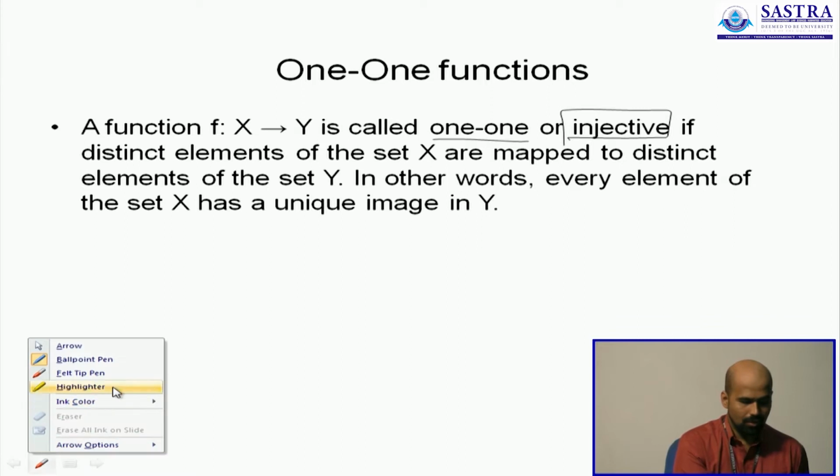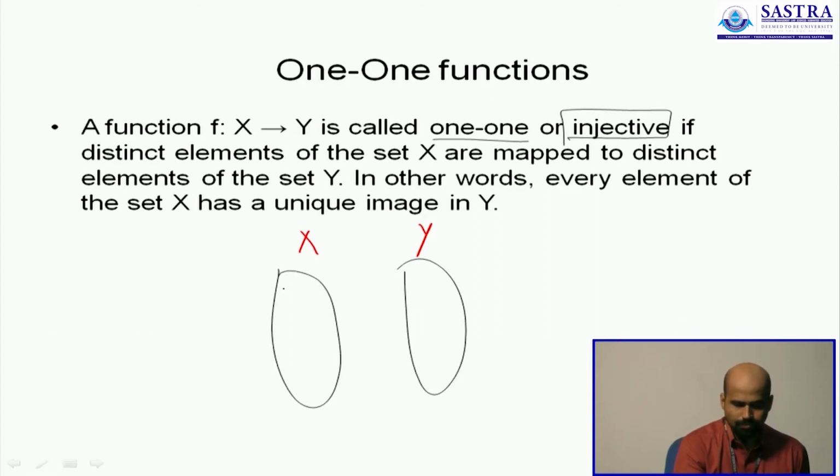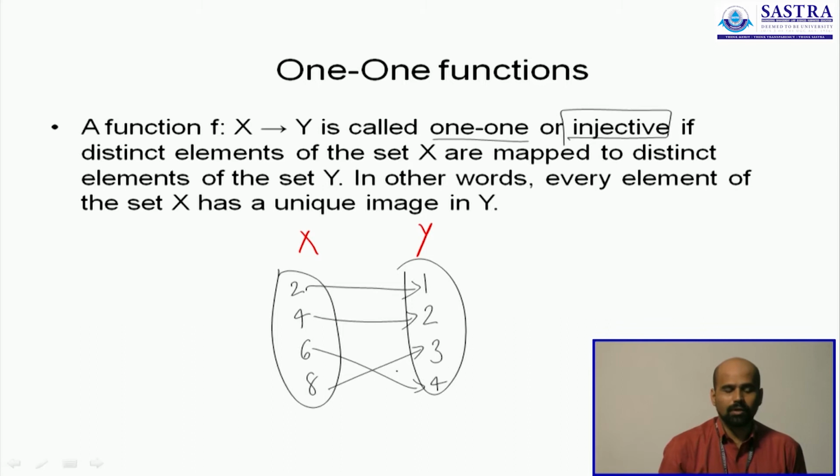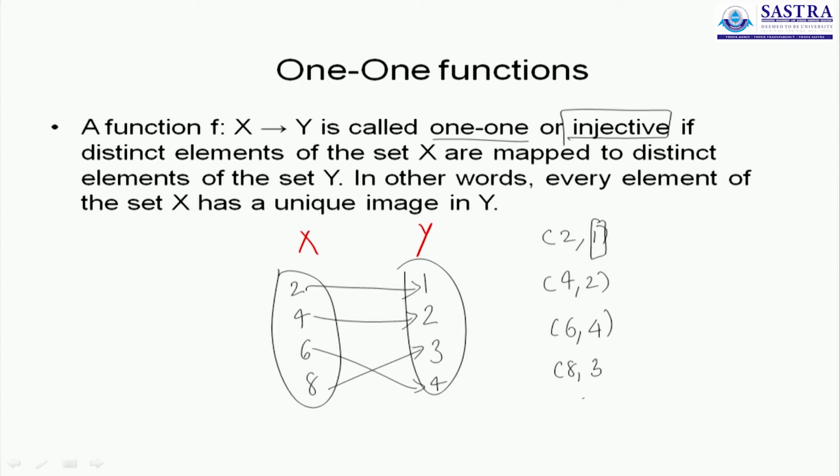For an example, we can consider two sets x and y. If I can define a function like this, mapping all elements of x to an element of y, you will see that their images are unique. 2 is mapped with 1, and this 1 is not the image of any other element in x. 4 is mapped to 2, 6 is mapped to 4, and 8 is mapped to 3.